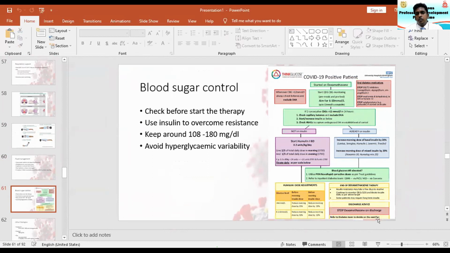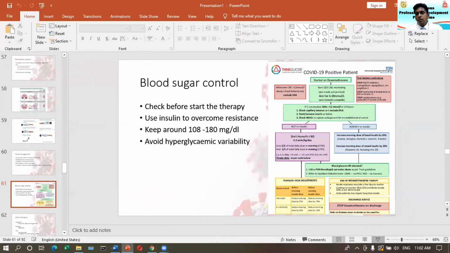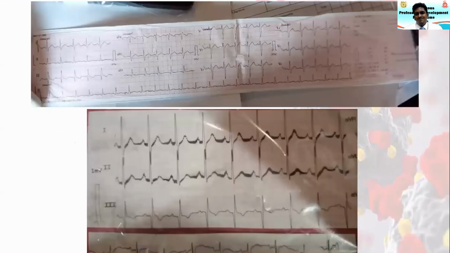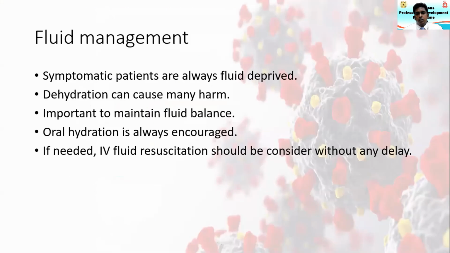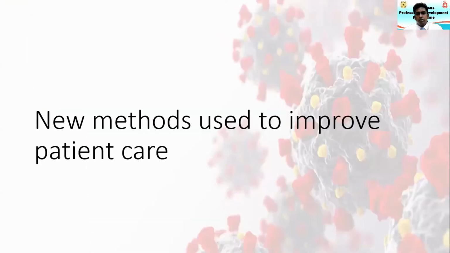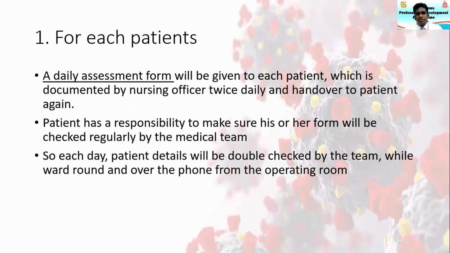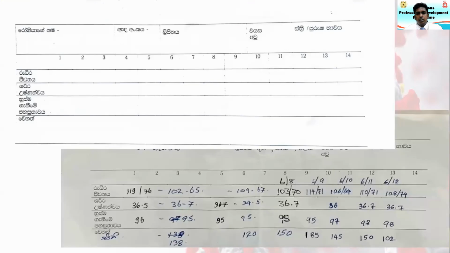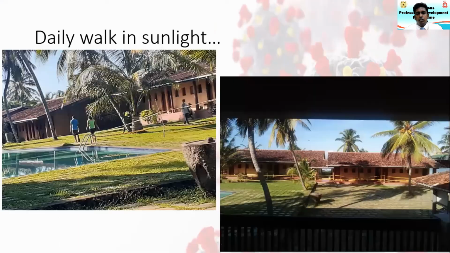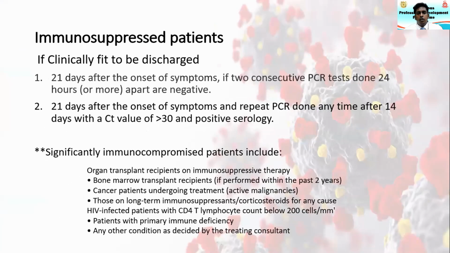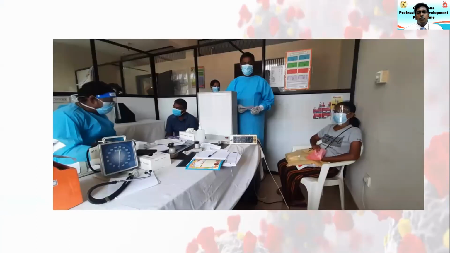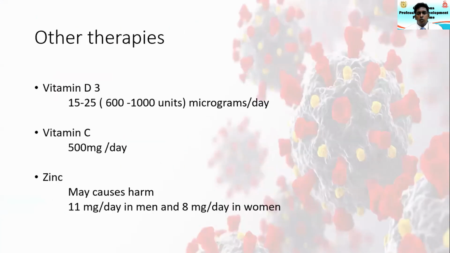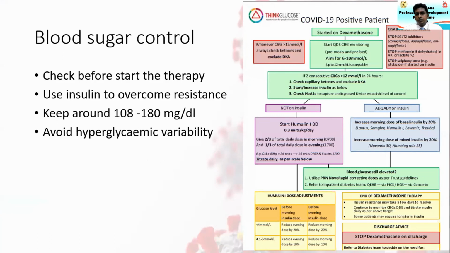If you don't have diabetes or diabetic risk, even when giving dexamethasone, you will not get very high spikes of blood sugar like 300, 400.